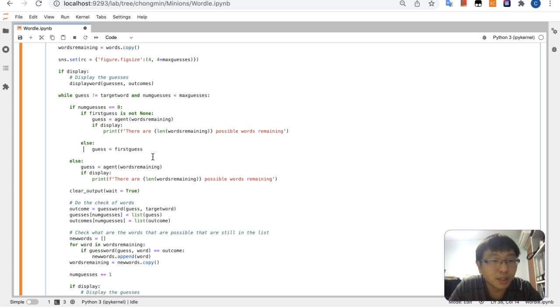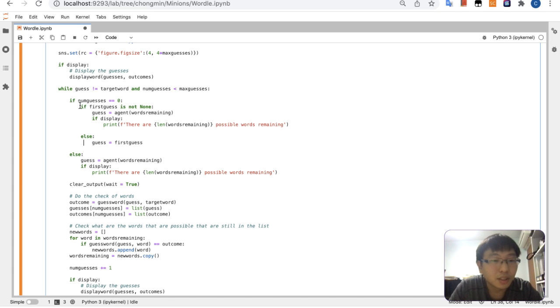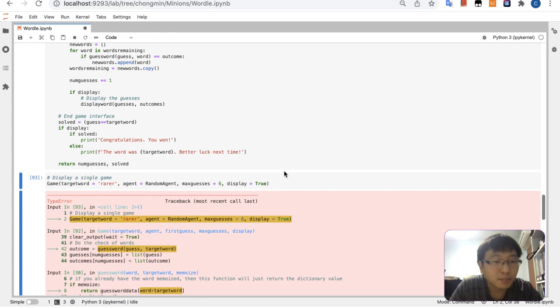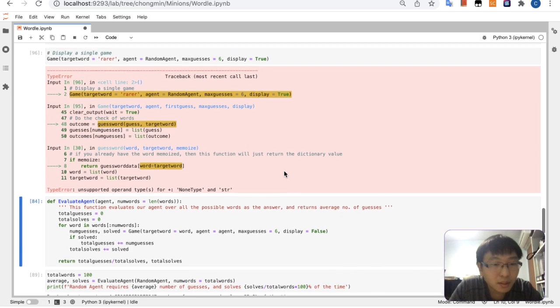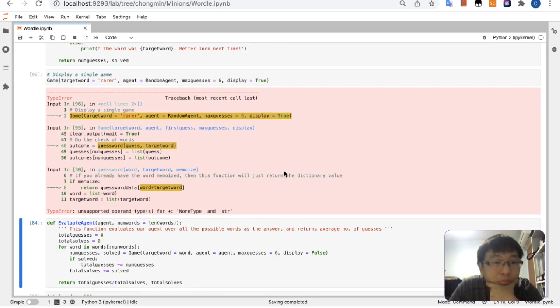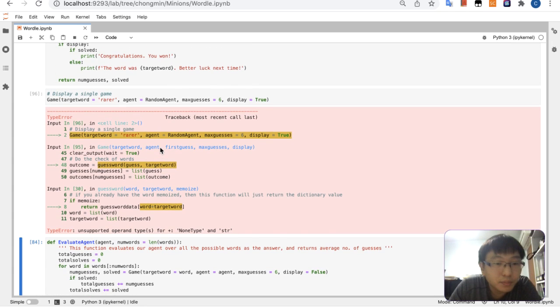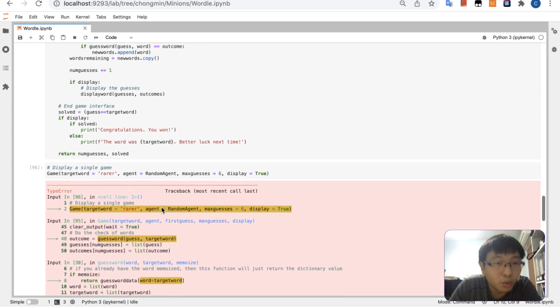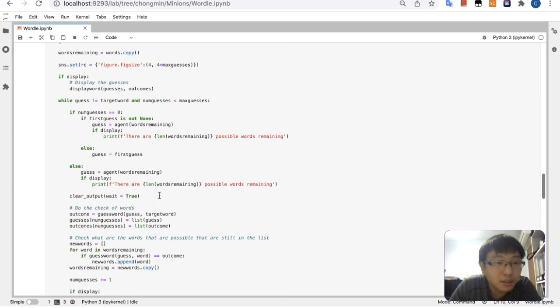Yeah, I guess we have to do a more roundabout like that because we need to cater for this case here where it's a first guess, and also if it's not the first guess, then we do this. Guess word, guess, comma, target word. Oh, okay, I get it.